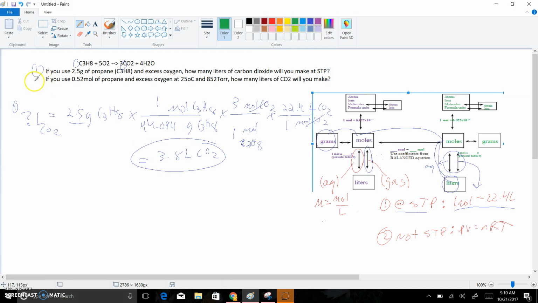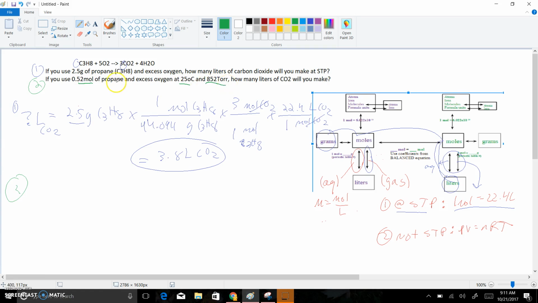But let's take a look at number 2. If you use 0.52 moles of propane and excess oxygen at 25 degrees Celsius and 852 torr, how many liters of CO2 will you make? Now this problem from the start, you see you've got moles, you've got temperature, you've got pressure, you're going straight PV = nRT on this.